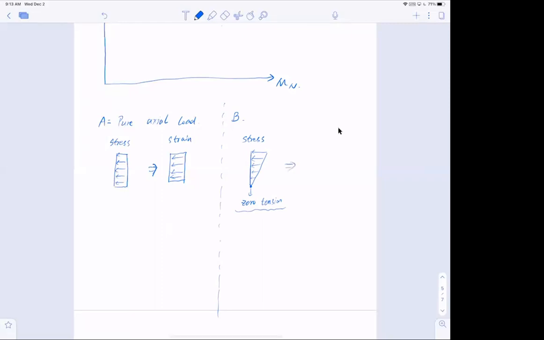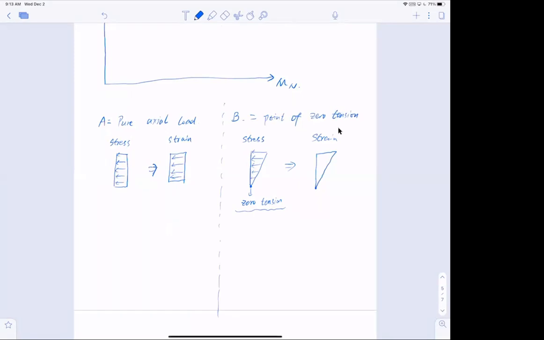And the strain diagram correspondingly looks just like a triangle. I don't know the exact number, but I can do that, right? I can just apply moment and squeeze the section till at one point on the section there is zero stress, and I call this state the point of zero tension. Point of zero tension means no tension or no compression at all.